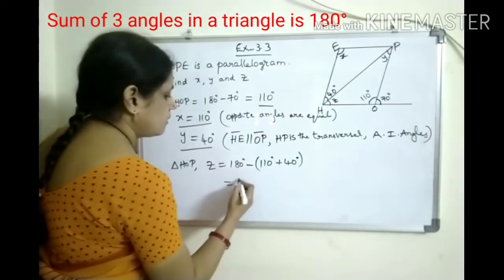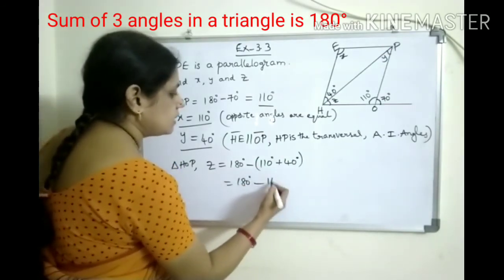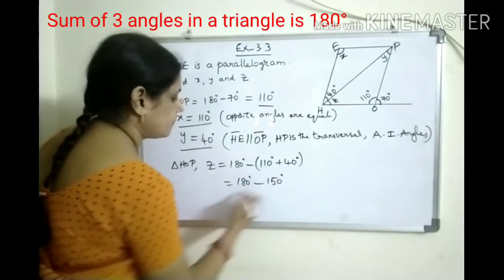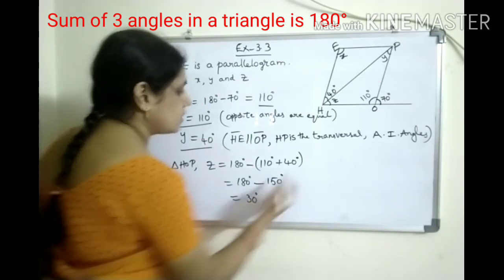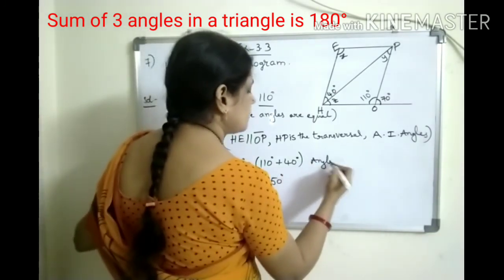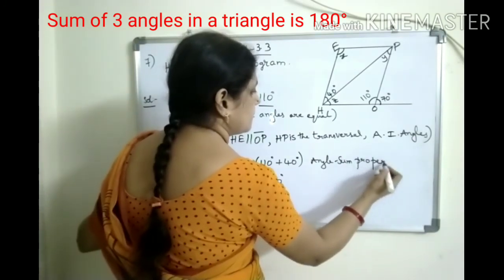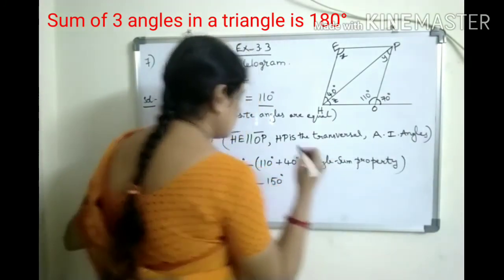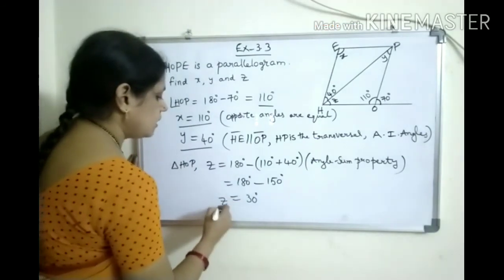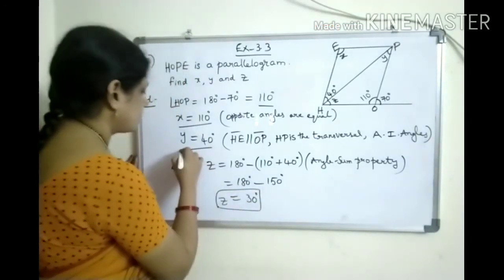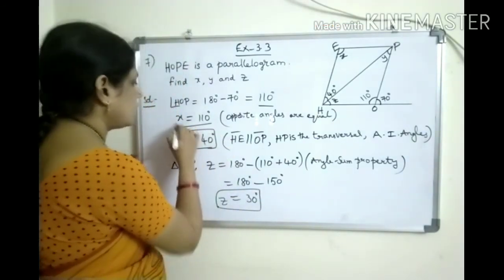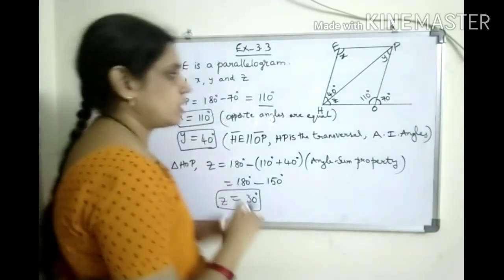So 180 degrees minus 150, that is 30 degrees. Angle sum property of triangle. So z equal to 30 degrees we got. These are the three angles you have to find out.